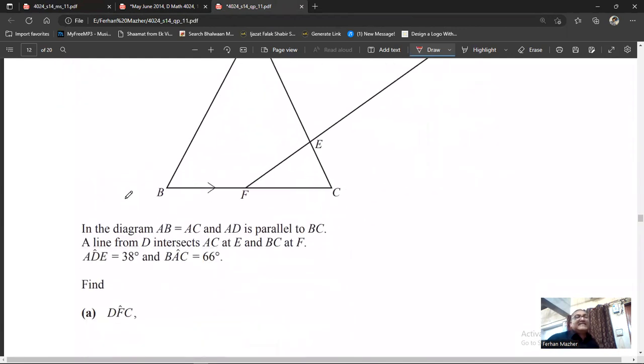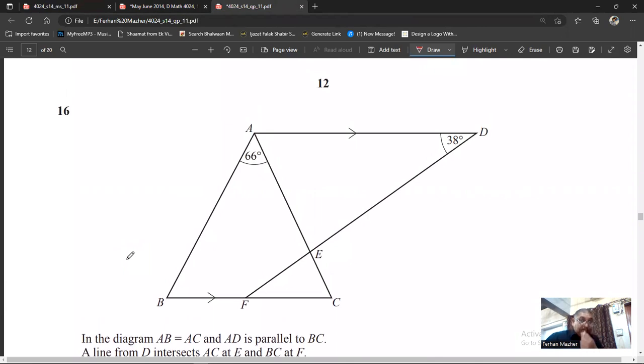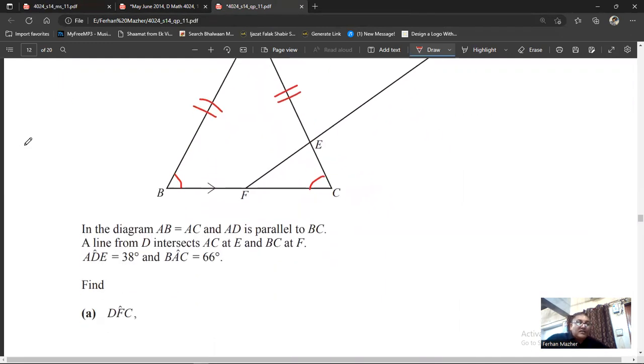Question number 16, he says in the diagram, AB is equals to AC. So this side and this side, they both are equal. So this angle and this angle will also be equal to each other because they are the base angles of the isosceles triangle.